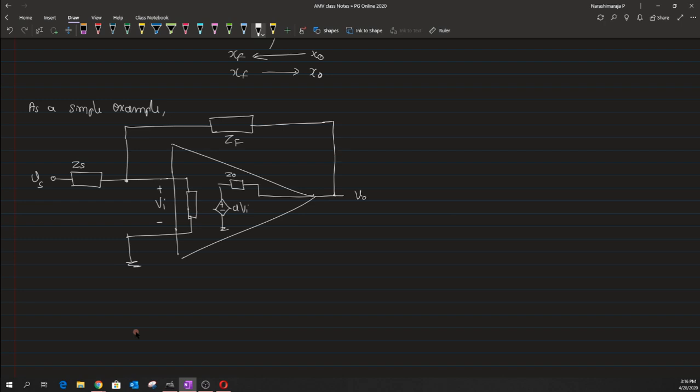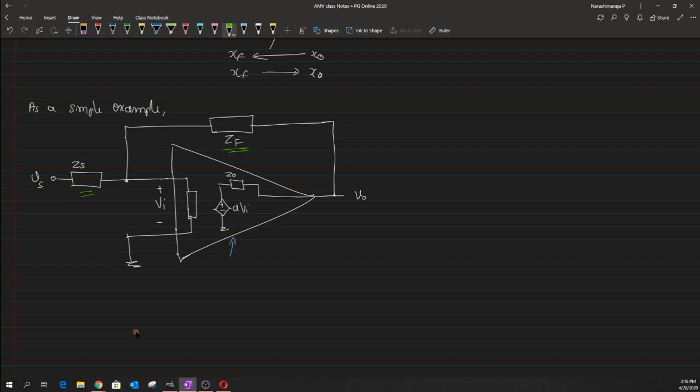So this looks something like a kind of voltage amplifier. Clearly you can see that there is a forward basic amplifier which is modeled as a voltage controlled voltage source, and there is also a feedback network which is being built by making use of this ZF as well as ZS.